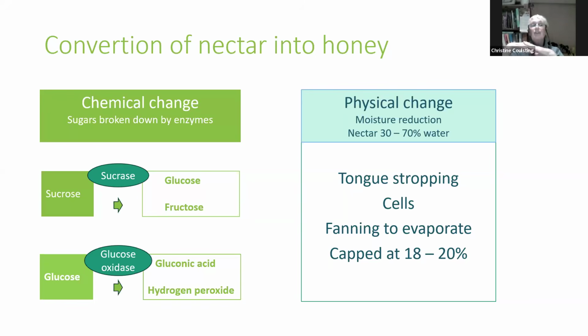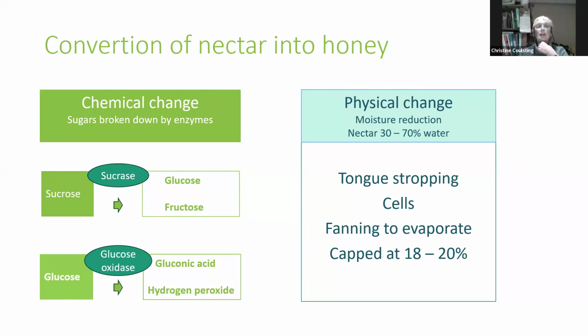So sucrase is added, and that breaks down the sucrose into glucose and fructose. And also glucose oxidase breaks down the glucose into gluconic acid and hydrogen peroxide. And that starts working on the journey back to the hive.